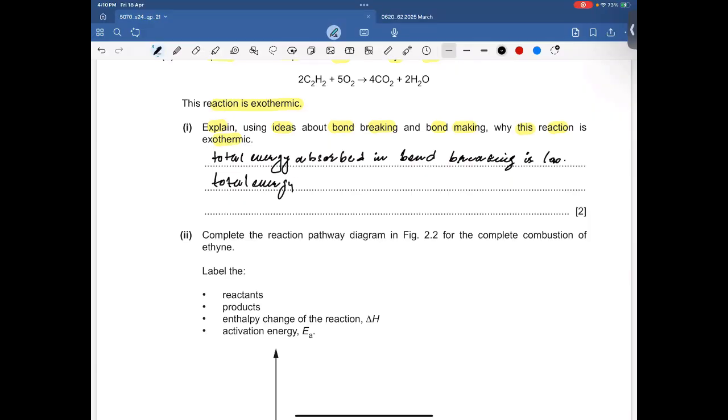Total energy released in bond making is high. So more energy is released than absorbed.